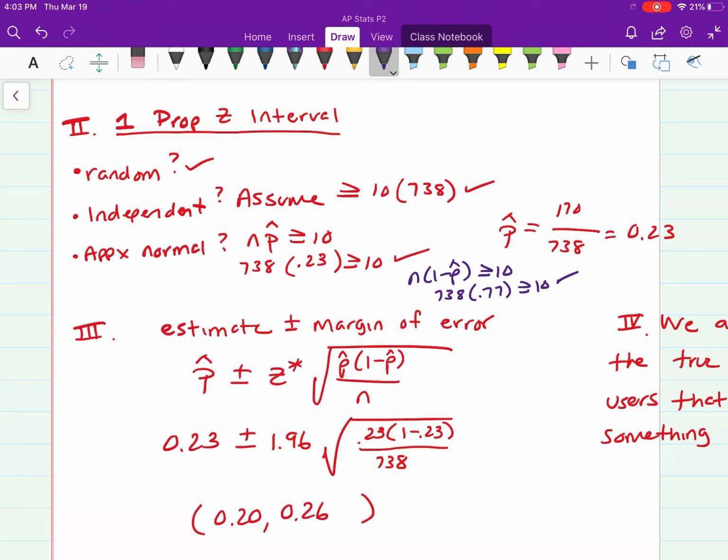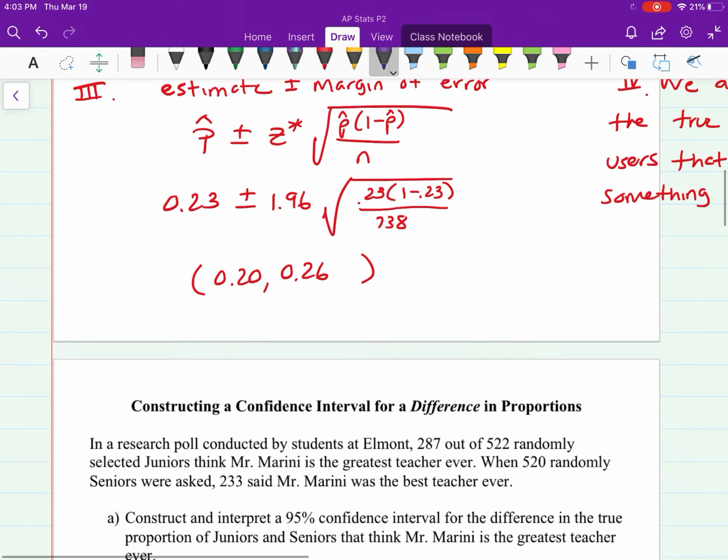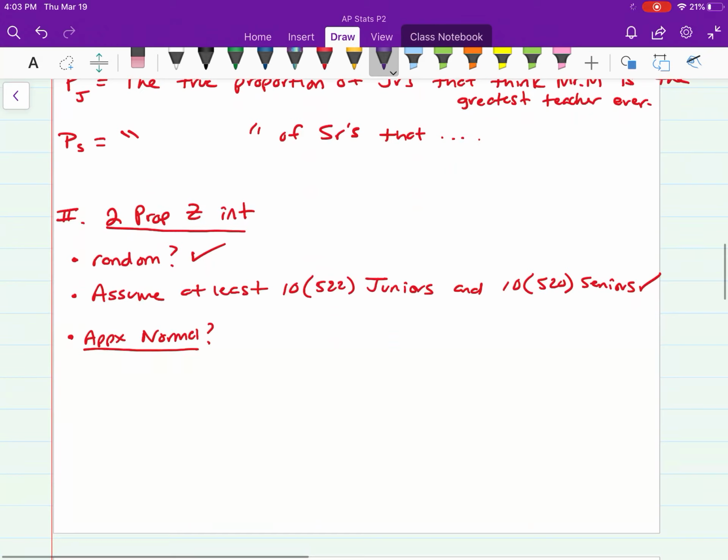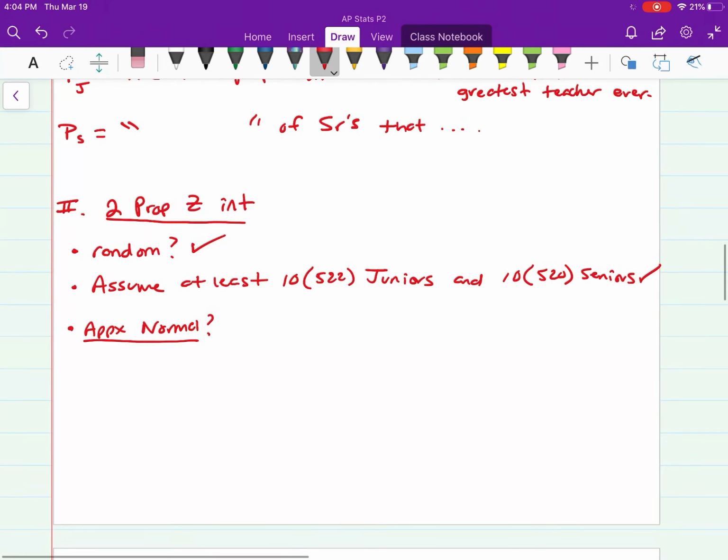So let's go down here, and let me show you how to check your conditions for two sample stuff. Now, like I said earlier, there's two different groups of students, juniors and seniors. So you are going to have to check n times p and n times 1 minus p for each one. So let me break this down.